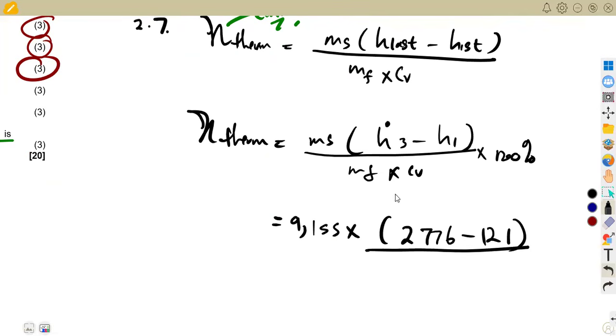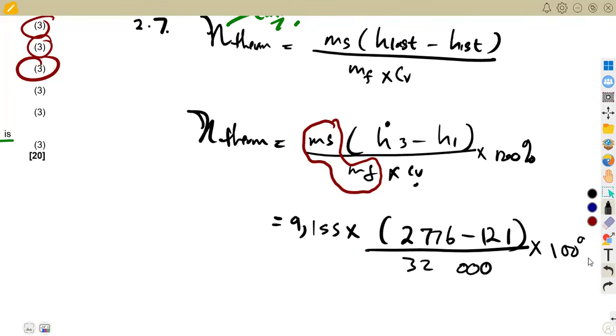Everything over the calorific value. This is the mass of steam over the mass of fuel, so we are left only with the calorific value, which is 32,000. We multiply by 100%. So that is going to give us the thermal efficiency if the superheater was removed, and that was going to give us 75,981%.